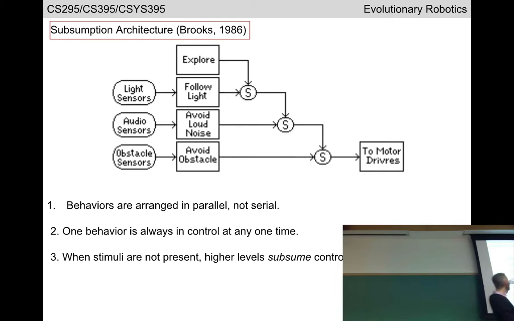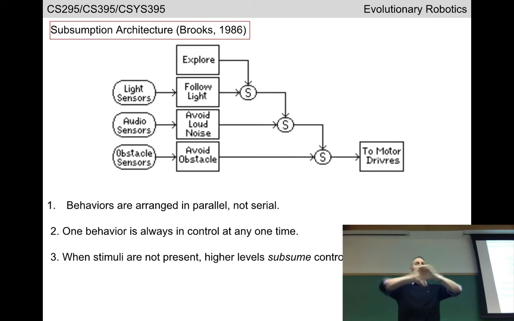So we have obstacle sensors. And if the obstacle sensors report that there is an obstacle close by, that signal says the most important behavior right now is avoid obstacles. Imagine you have obstacle sensors, and like in the Braitenberg vehicle, where we have two sensors connected to two wheels, if those sensors report that there's an obstacle nearby, they take over control of the motors.